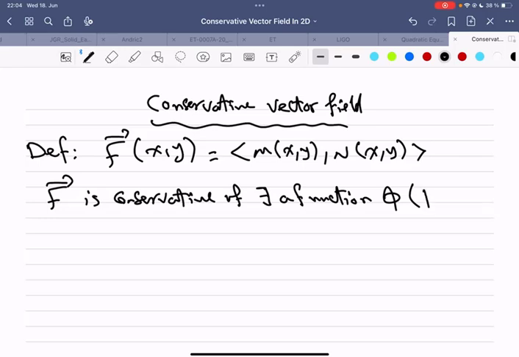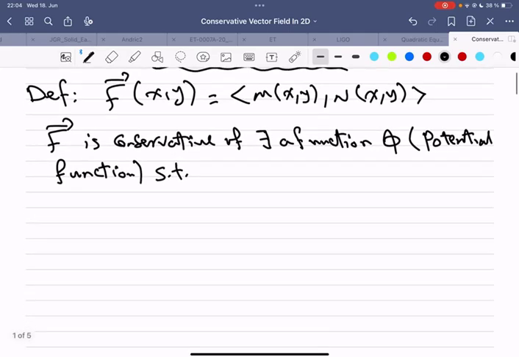This is called the potential function, such that F equals the gradient of phi.